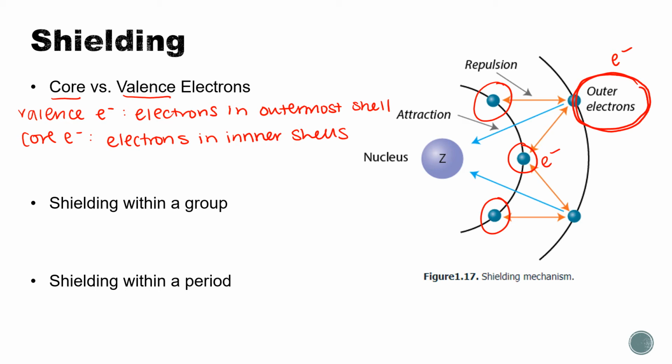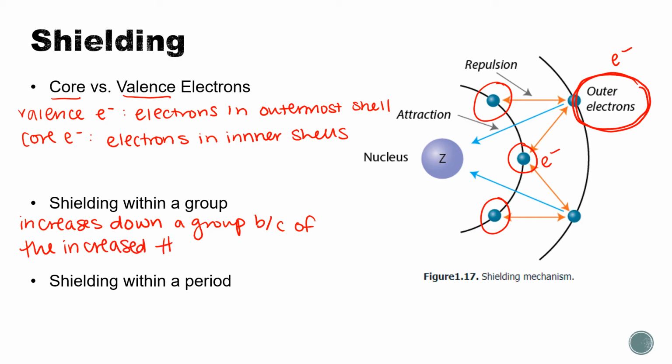So let's look at the first trend. We're looking at shielding within a group. So within a group, shielding is going to increase as we go down a group because of the increased number of core electrons.